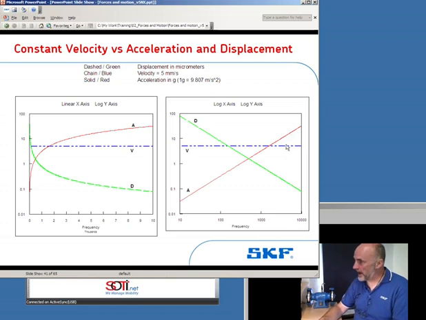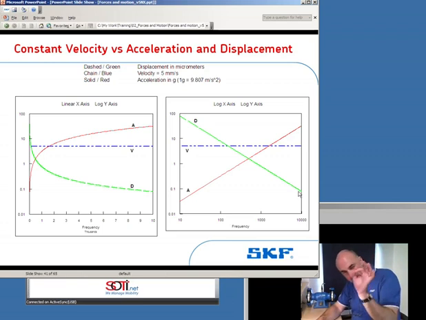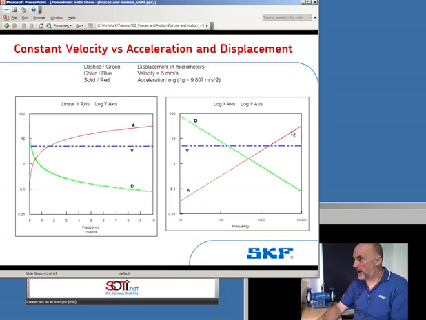So we're on the right-hand side of the spectrum. If I had a gearbox, a turbocharger, dentist drill with 5 millimeters per second RMS on it, I would have 0.1 of a millimeter, which is a microscopic displacement, very difficult to measure, but I would have between 10 and 100 G.